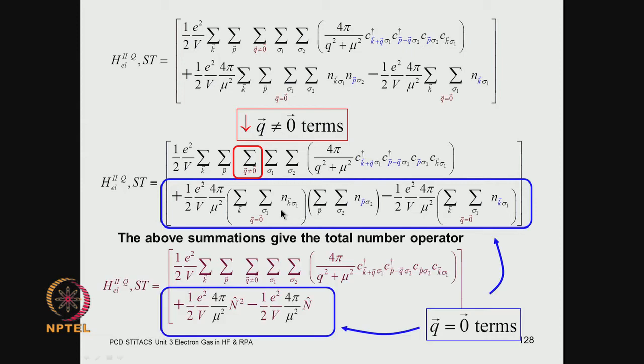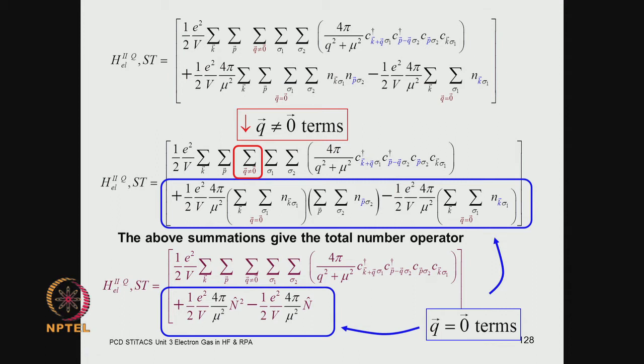So, essentially you get from here one total number operator capital N, from here you get another total number operator which is capital N. So, you get N square, okay, from these two terms, and from this you have only one total number operator coming from this term which is written over here, and both of these are coming from the q equal to 0 terms.